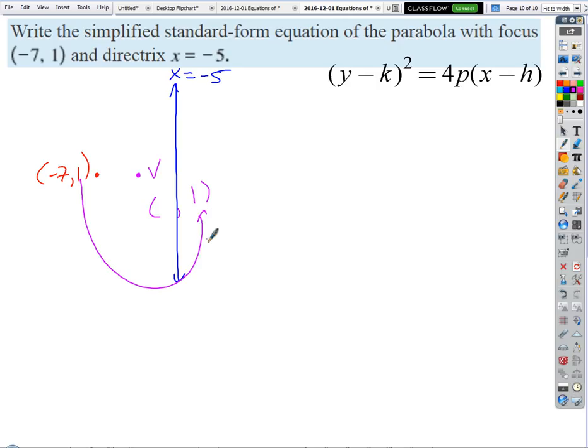What's the x coordinate going to be? It's between -7 and -5, so it's going to be -6, right? So there's h and there's k. What's the value of p this time?